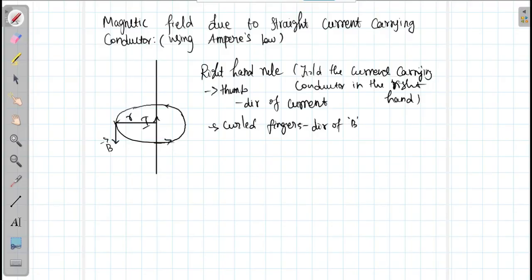Now we are going to take a small element, a small portion of the loop. This circular loop is not a current carrying loop. We have to be very careful. It is only the representation of the direction of magnetic field. The current carrying wire is a straight wire.